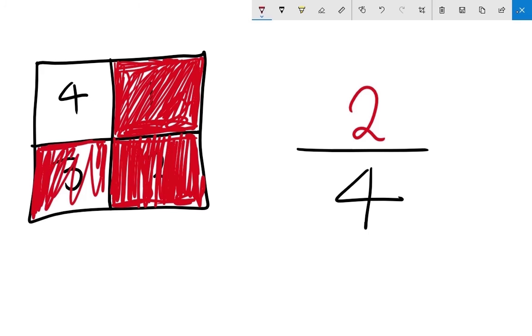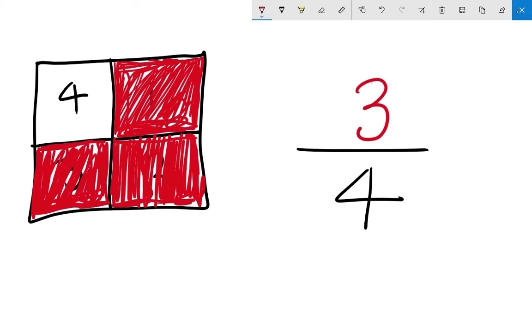If 3 parts of the box are shaded, it becomes 3 over 4. It is still a proper fraction, as the numerator is still less than the denominator. Good. This is a proper fraction.